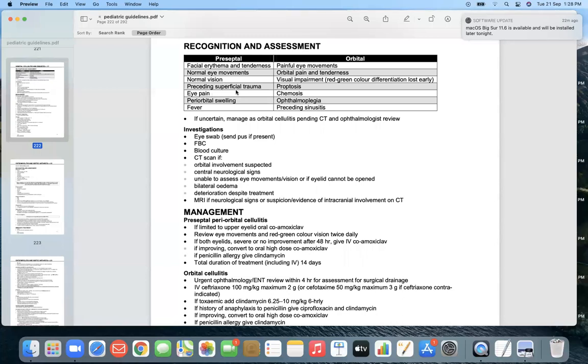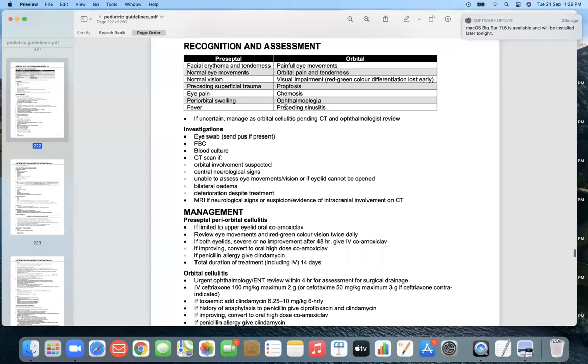So here there can be preceding superficial trauma in the preseptal also, and in the preseptal there can be eye pain, periorbital swelling, and fever. Here what other things in orbital? Proptosis, chemosis, ophthalmoplegia, and preceding sinusitis.